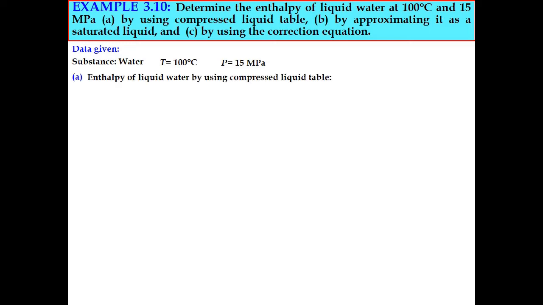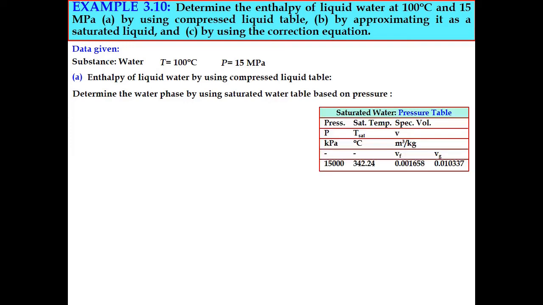Question A, where we need to determine the enthalpy of liquid water by using the compressed liquid table. So first, determine the water phase by using the saturated water table based on pressure. Okay, we have here the saturated water table based on pressure.